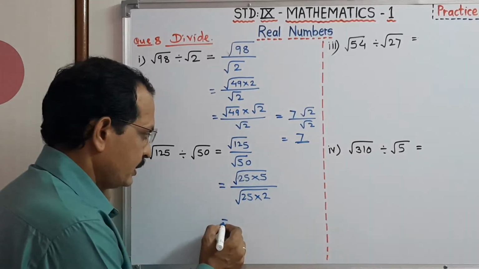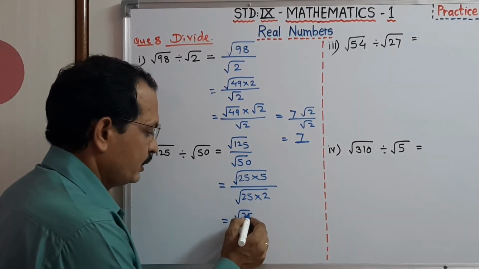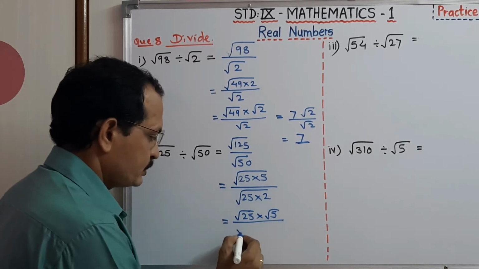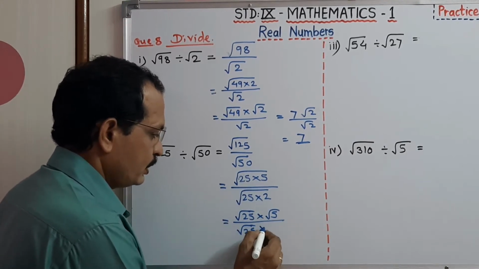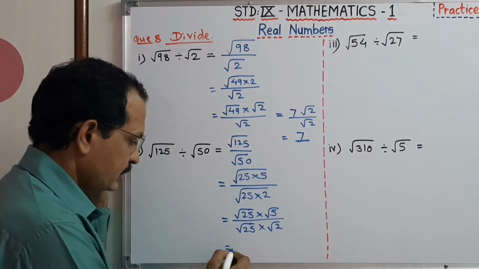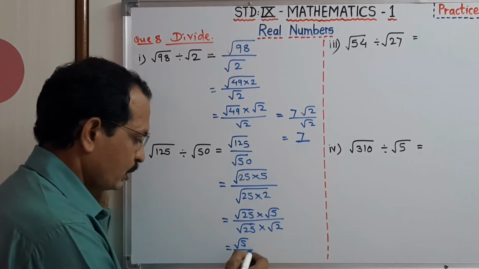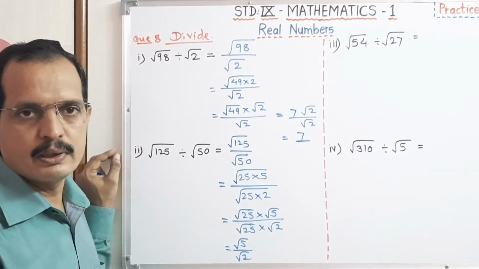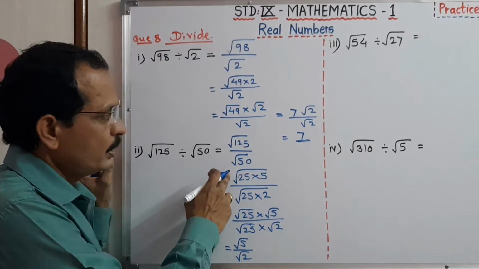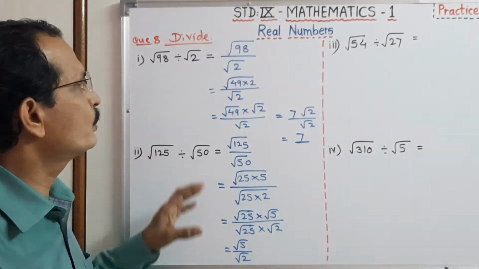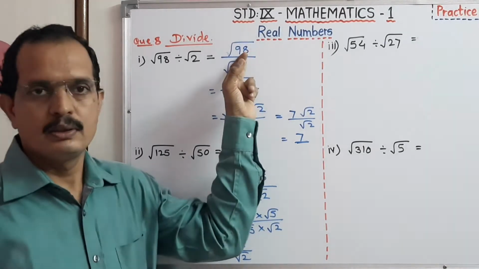Now see here, root 25 into root 5 upon root 25 into root 2. The root 25 gets cancelled. It is root 5 upon root 2. Very simple, dear students. In all these sums, the most important thing is that you have to factorize.